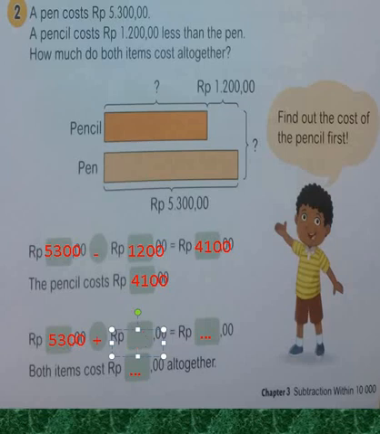So the pencil is 4,100 rupiah. Okay, then what is the answer for all of it? Let's count it again. So the answer is 9,400. Both items cost 9,400 rupiah altogether. Okay, thank you so much, guys. Bye bye.